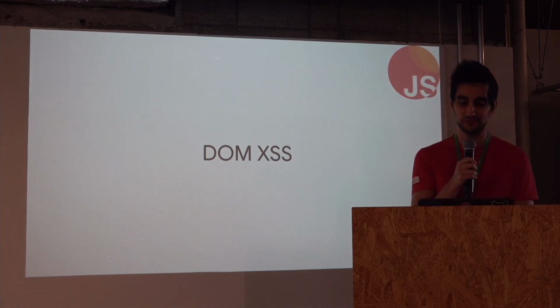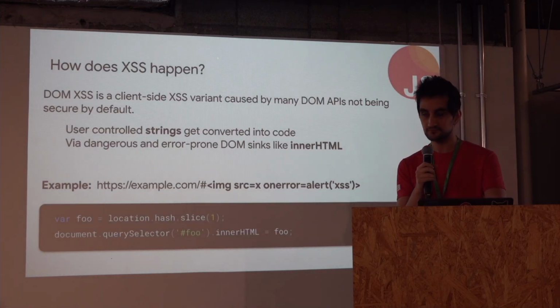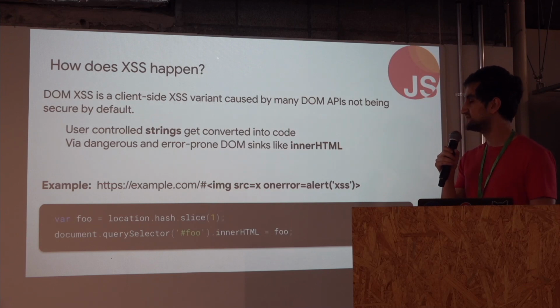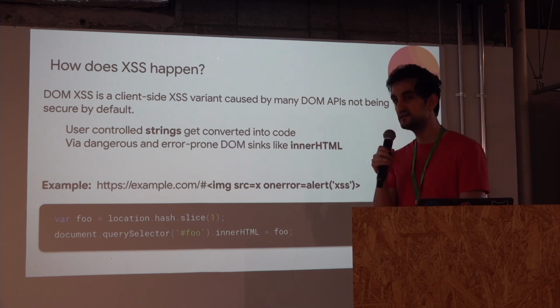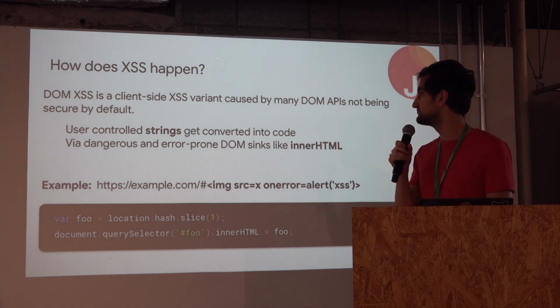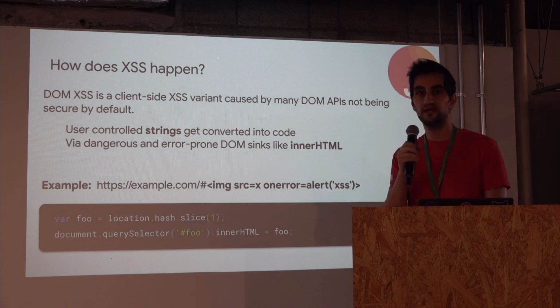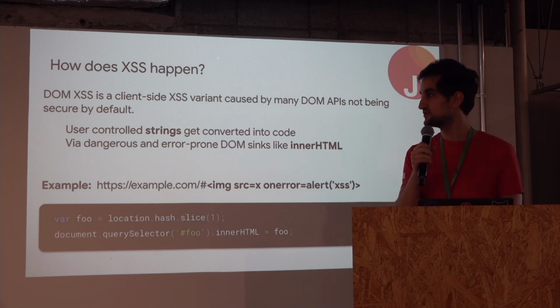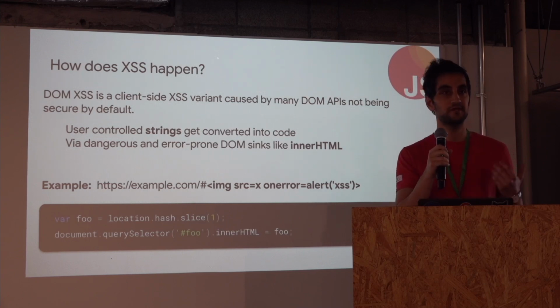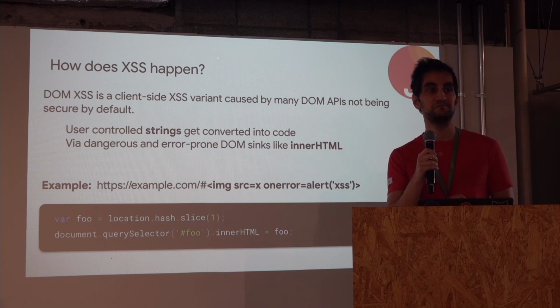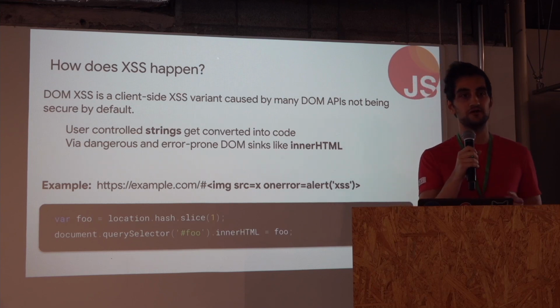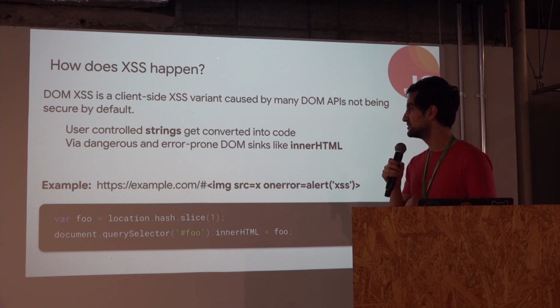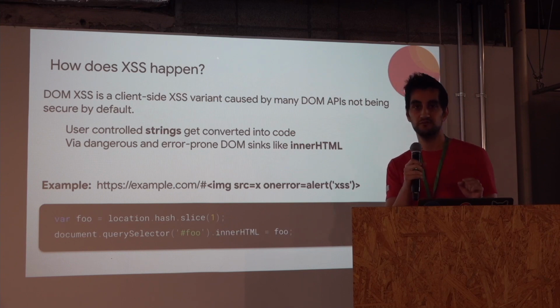DOM XSS is a client-side attack, and it happens mostly because of certain DOM APIs which are not secure by default. All these DOM APIs allow sensitive manipulation of strings, and the problem is that they just take in strings and interpret them as code no matter what.